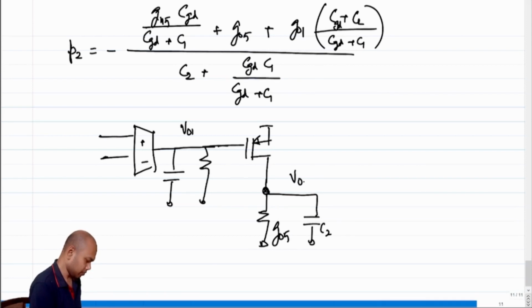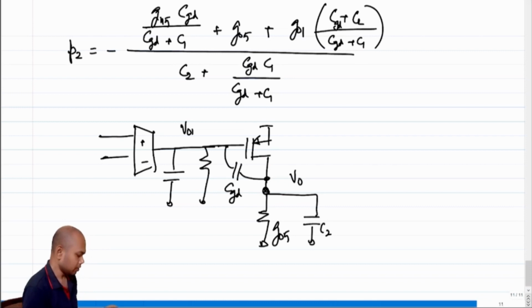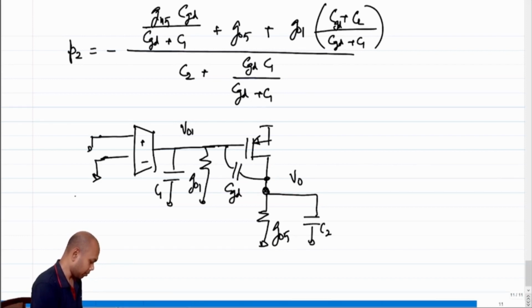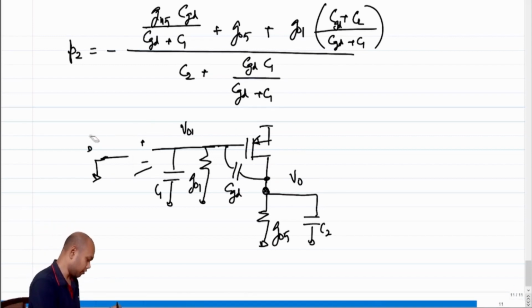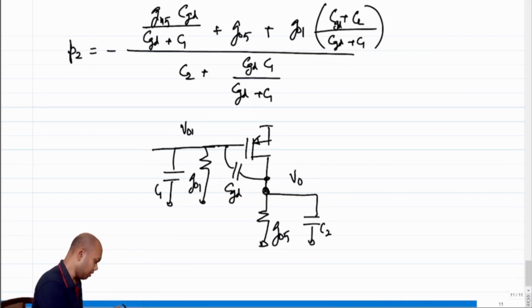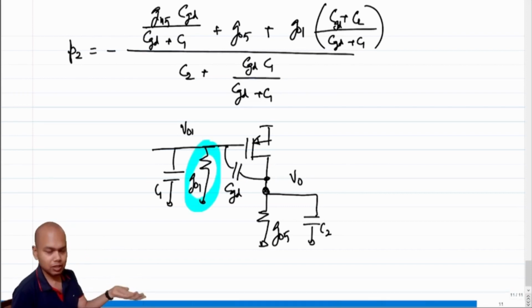The earlier pole P1 was based on the pole time constant associated with the node V01, right? And when we were trying to figure out time constants, we can desensitize the inputs. If I desensitize the GM, this goes off, this is no longer required. And what we essentially said was the pole P1 associated with G1 was whatever we got.